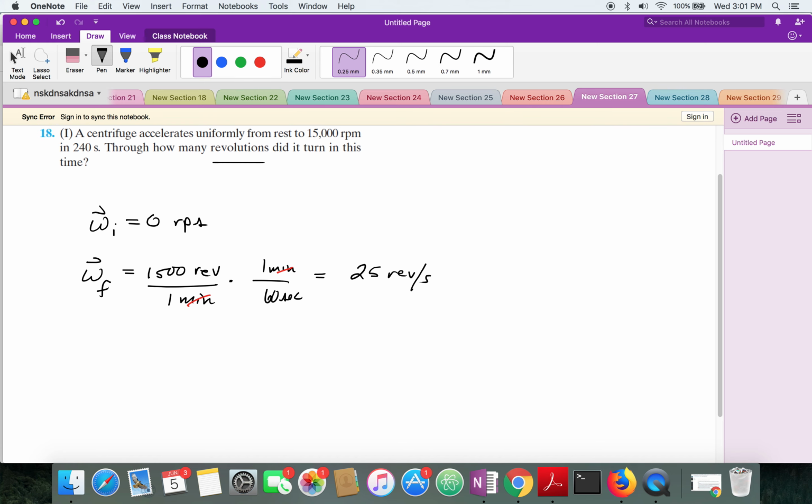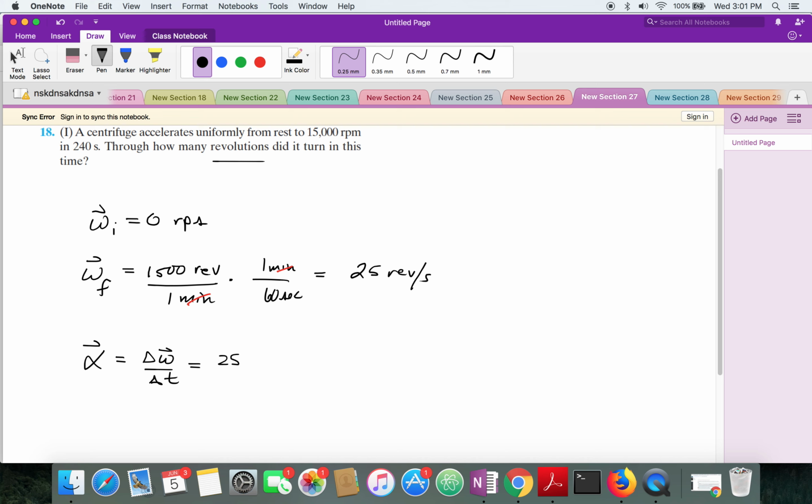We can also now get alpha, the angular acceleration, because alpha is the change in omega over the change in time. So we know that our change in omega is 25, because it starts from 0, goes to 25 revs per second, over 240 seconds.